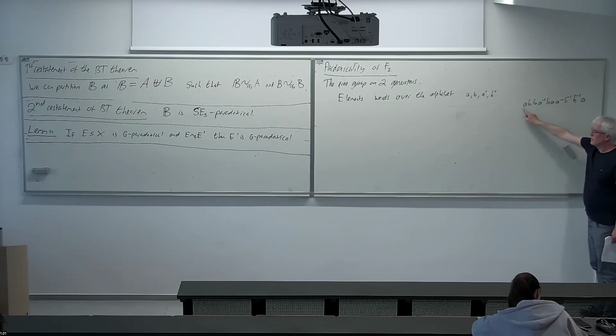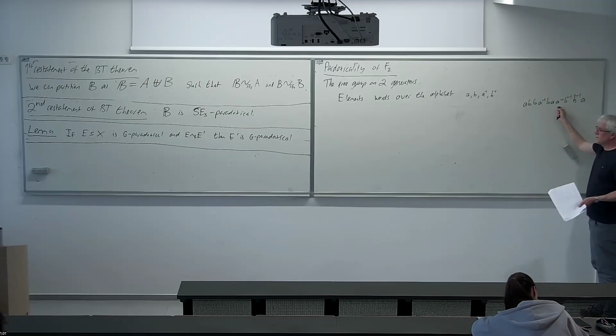So this is, we're multiplying a by b, by b, by a, by b, by a to the -1. But when you multiply an a and a to the -1, the point of a to the -1 is the inverse of a, so it should cancel.